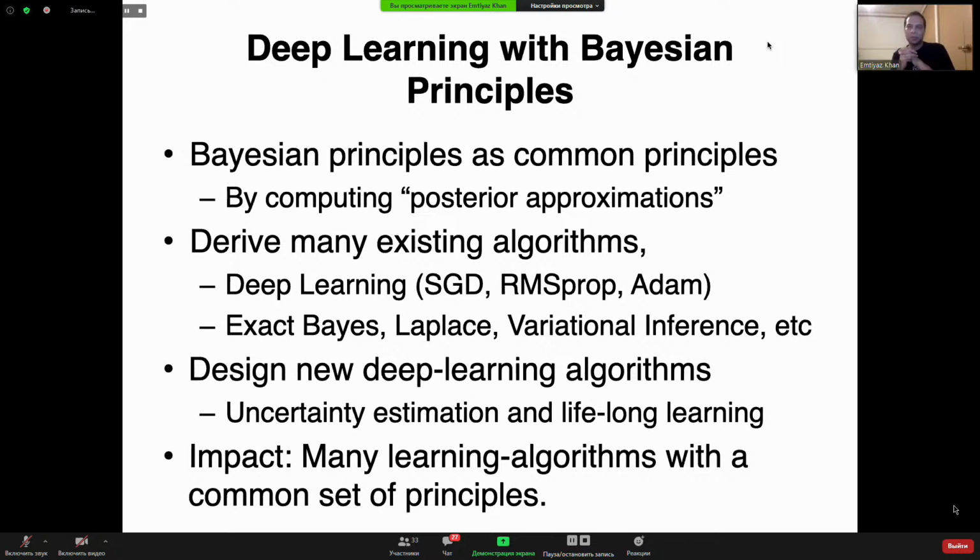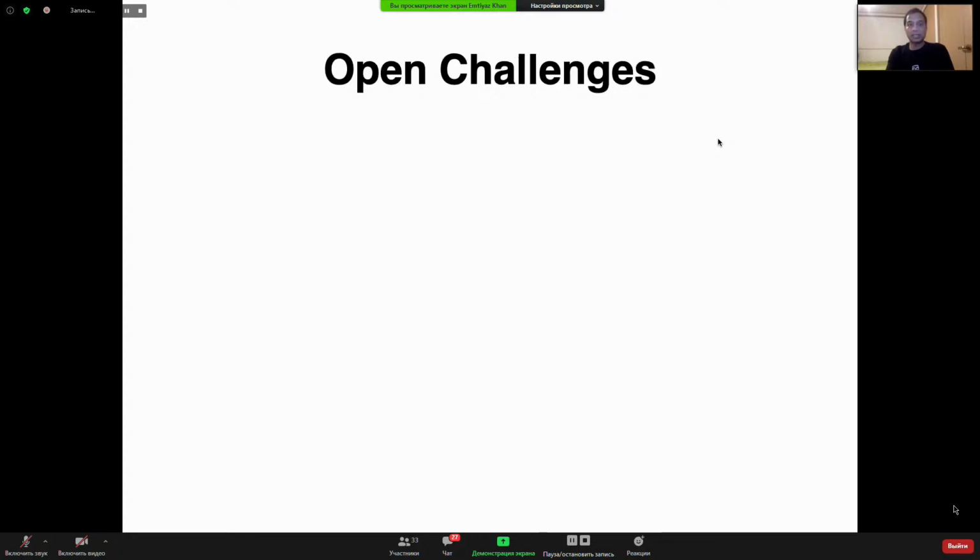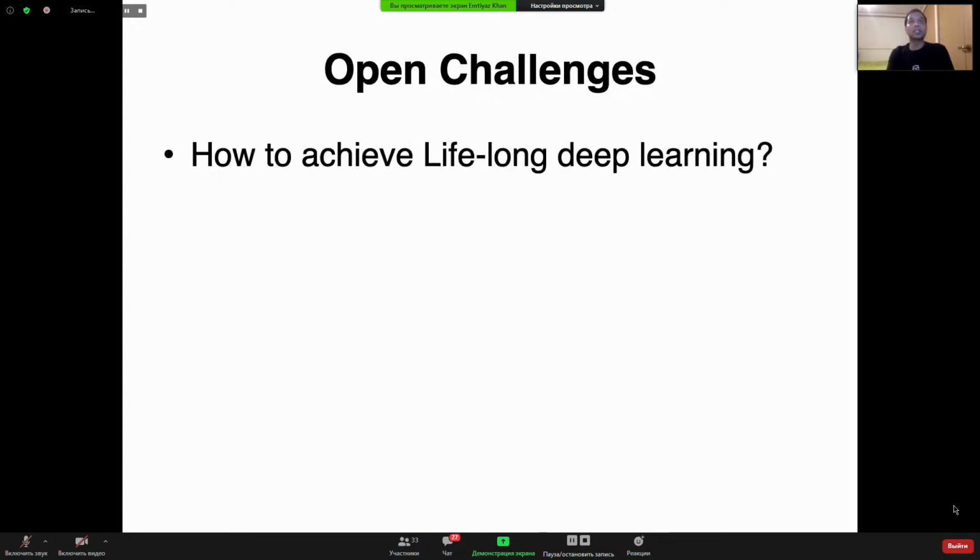But that's the problem, and then I tried to give you an alternative way to compute posterior distributions in neural networks, which is like working in the function space. So we didn't really get into that much yesterday, but maybe today we can talk a little bit more about this. So I just wanted to give you a bit more insight into this open challenge.